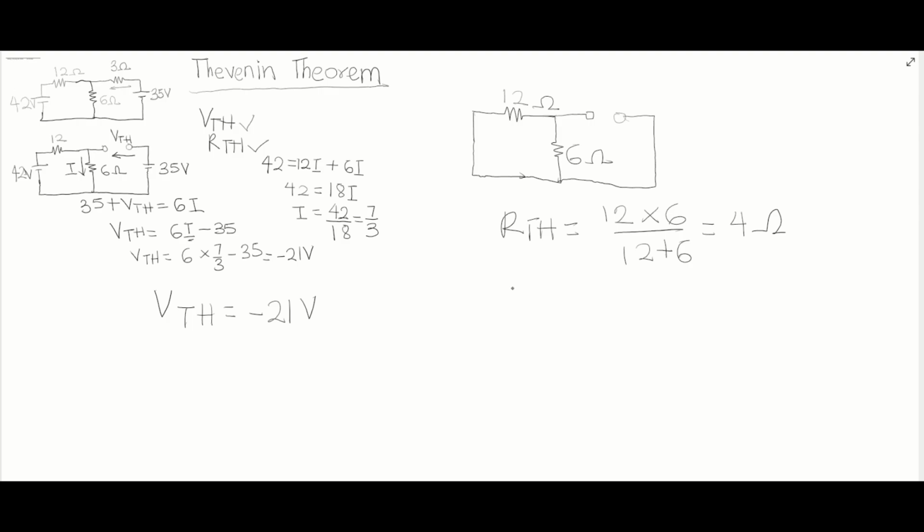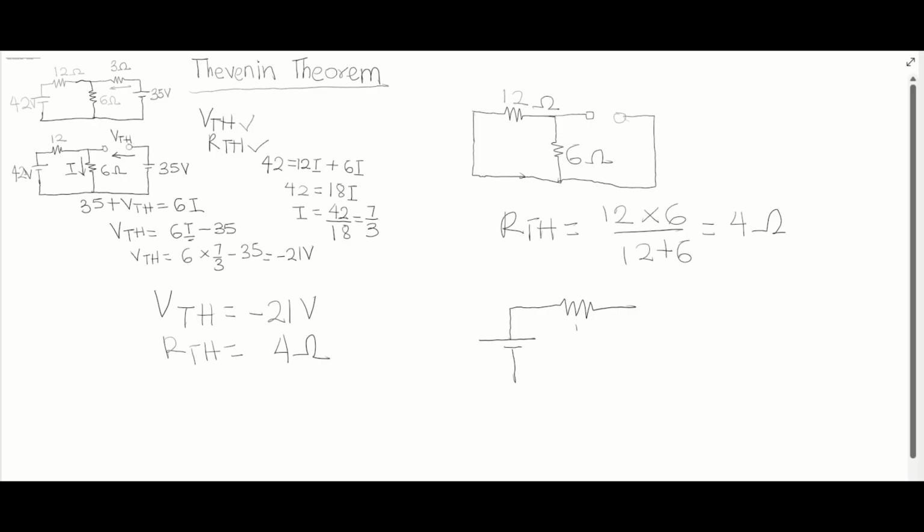Now once you have found your VTH and your RTH, the next thing to do is, you see, according to the Thévenin theorem, a linear circuit can be replaced by the Thévenin voltage in series with the Thévenin resistance. So we are going to have a Thévenin voltage and then our Thévenin resistance RTH.